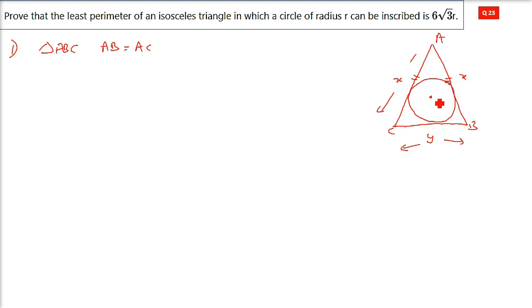Now inside we have a circle and there are certain properties you must know. When you join this, it is a median, because the incenter is there, and since it is an isosceles triangle, that's why it is a median. Otherwise it would not have been.